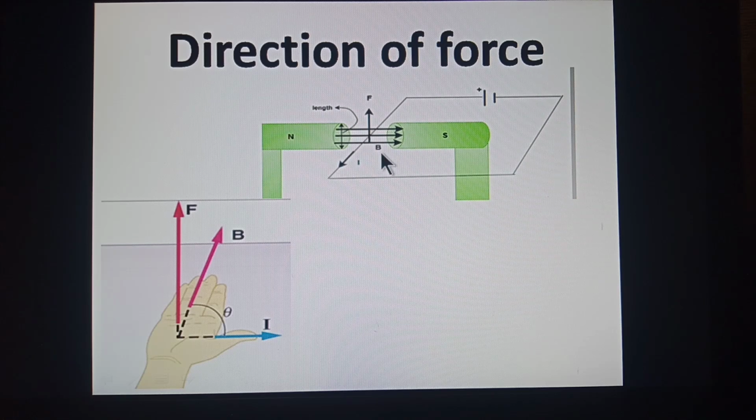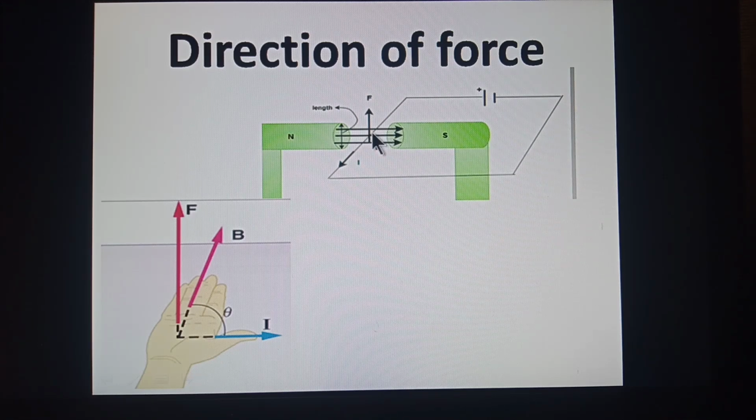So here look at this situation. If current is flowing out of the paper, the thumb will be pointing outward, fingers will be pointing from left to right, then the direction of palm will be upward. So it is one rule that we use for finding the direction of magnetic force that magnetic field exerts on a current carrying wire.